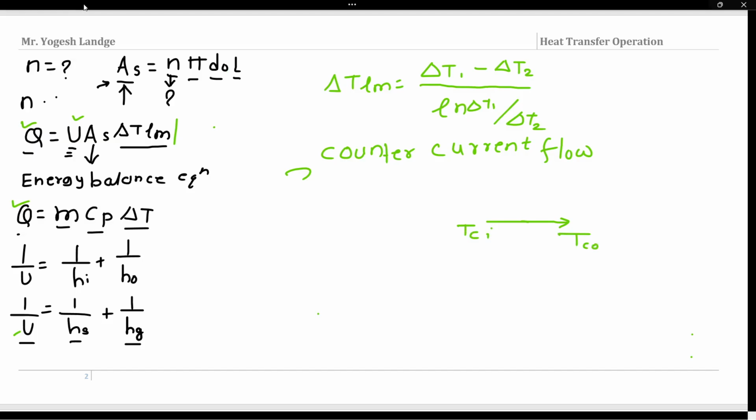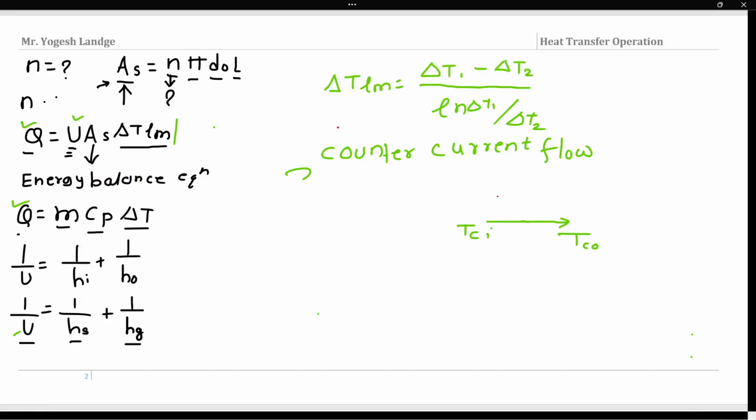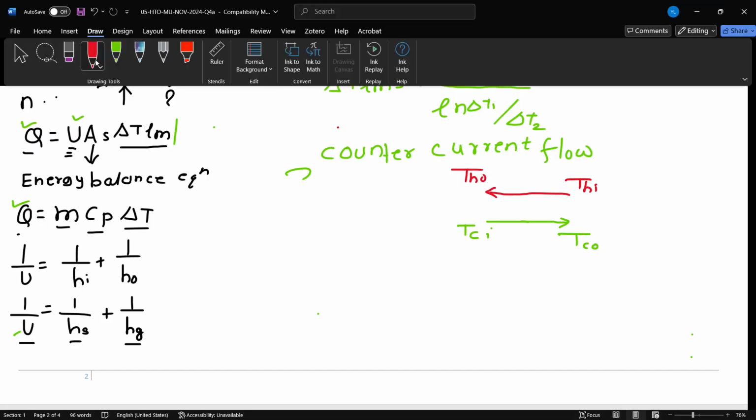Similarly, for the hot fluid, I can take THI and THO. Now, what is the delta T in this case? The delta T is that.